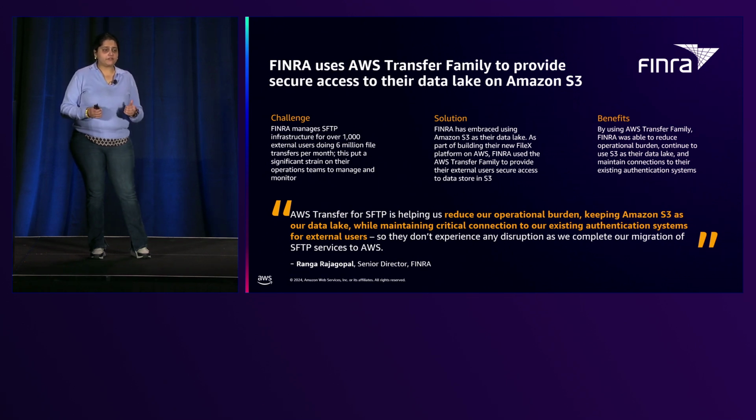Instead of building their own infrastructure, they worked with us to build their own FileX platform using Transfer Family. Again, they reduced operational burden, and they could continue to focus on building their data lake in S3 and get the insights that their business needed.